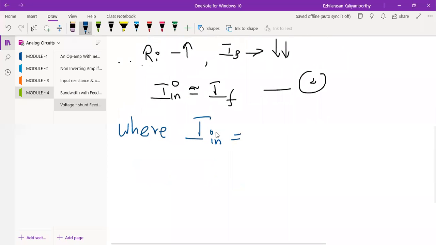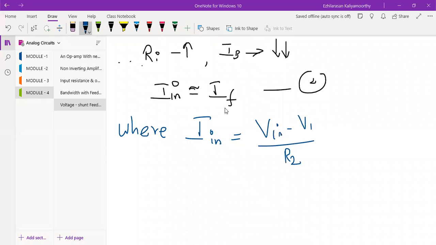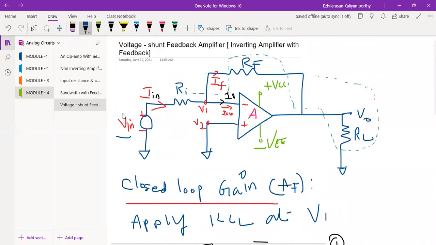So I will take In is equal to Vin minus V1 divided by R2. Sorry, not R2, it's R1. In is equal to Vin minus V1 by R1.